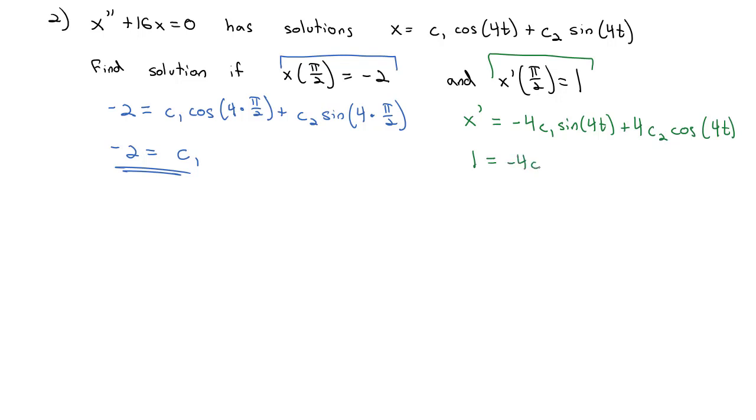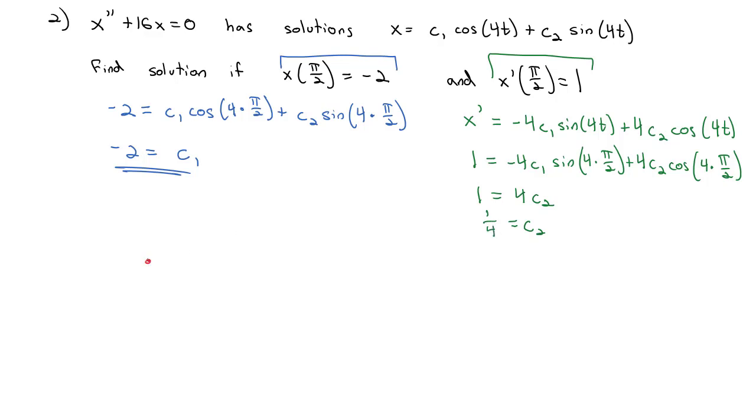So we have -4 c1 sine of 4 times pi over 2 plus 4 c2 cosine of 4 times pi over 2. Again, we're going to end up with 2 pi inside sine and cosine. The sine of 2 pi is 0. So we end up with 4 c2 times the cosine of 2 pi, which is 1. And dividing by 4 gives us the second constant is equal to 1/4.